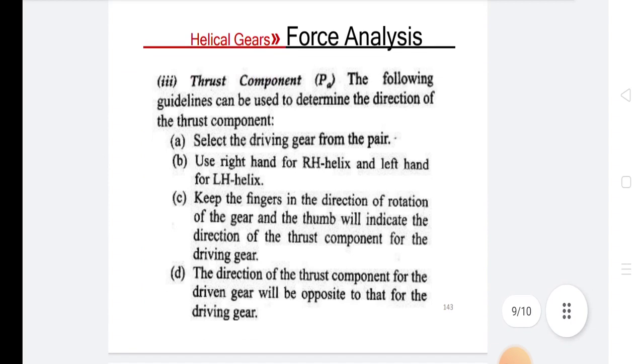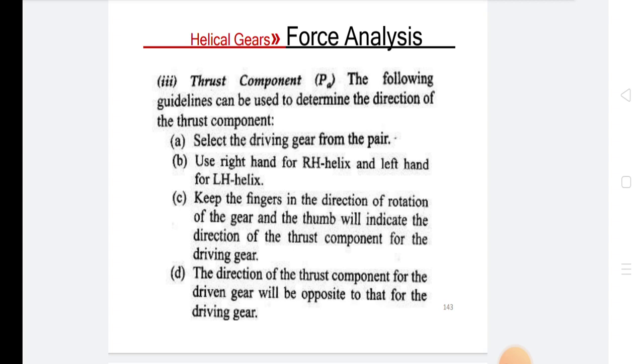After this, the thrust component PA. The following guidelines can be used to determine the direction of the thrust component. First, select the driving gear from the pair. Second, use the right hand for RH helix and the left hand for LH helix.